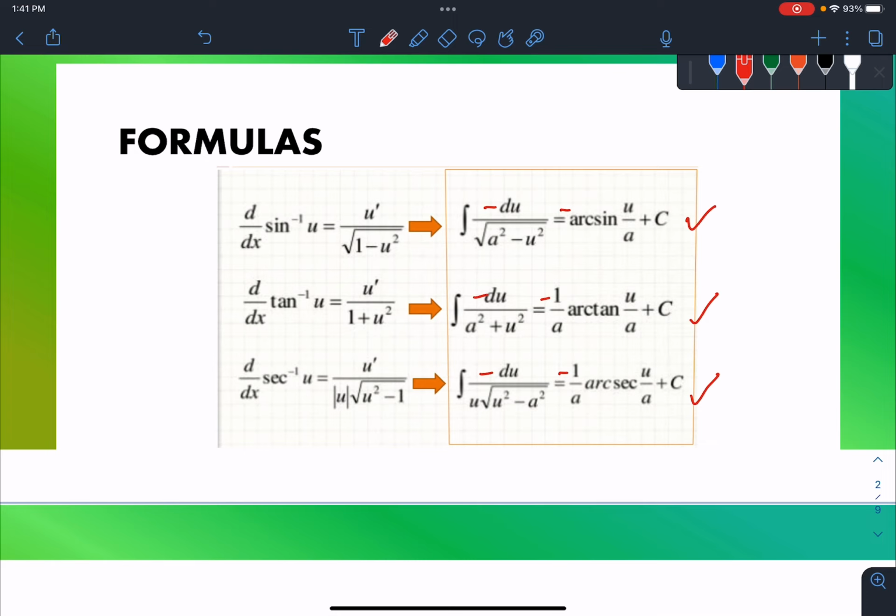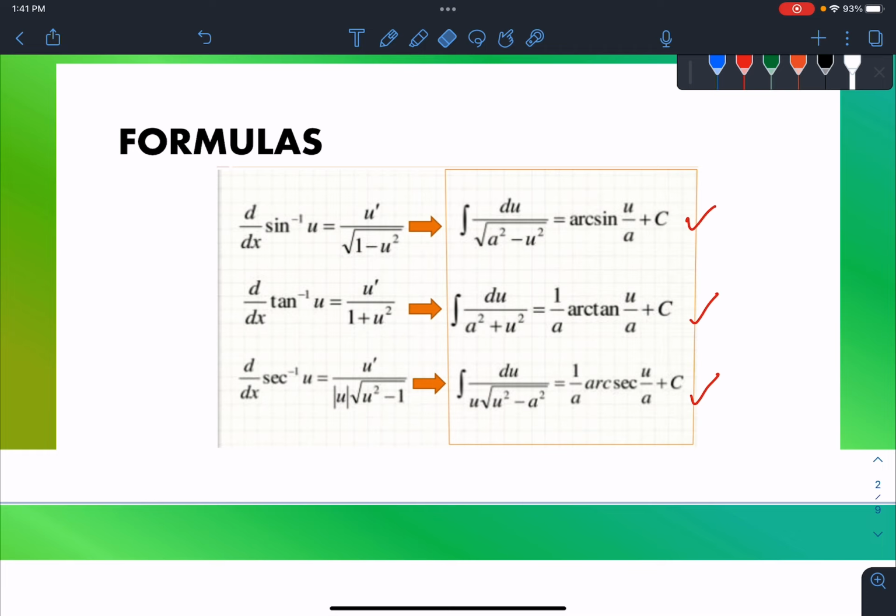That's to reduce the number of formulas that we need to recall. So we just focus on the three, and we just place the negative sign for arc sine, arc tangent, and arc secant if we have an integrand which is negative.